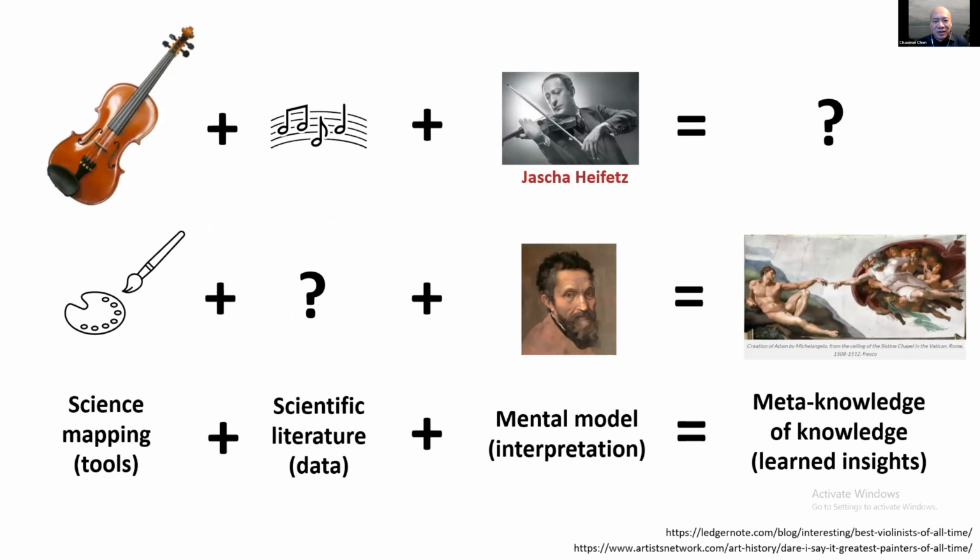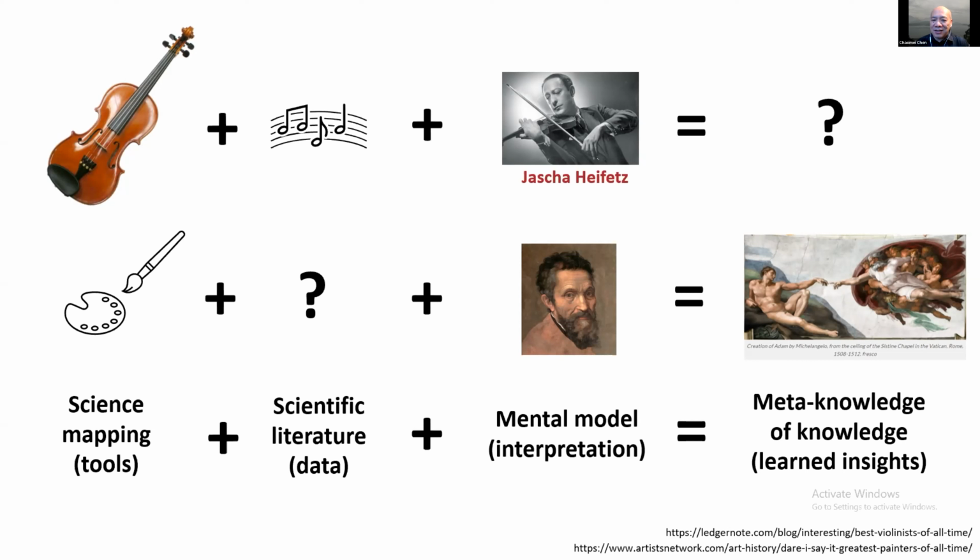This is probably the one I will try to underline in today's talk. These are three equations, or equation-like statements. With a violin, plus some music notes, and you add a player, you get something.